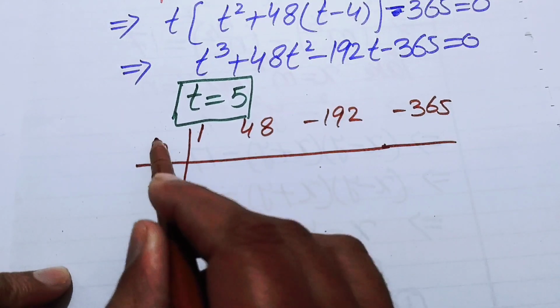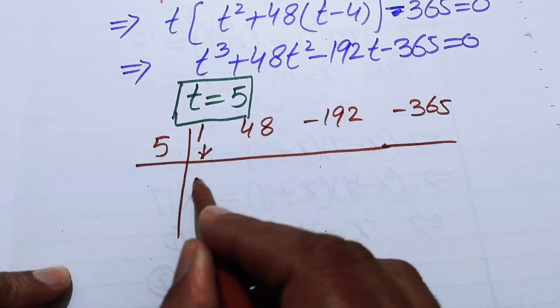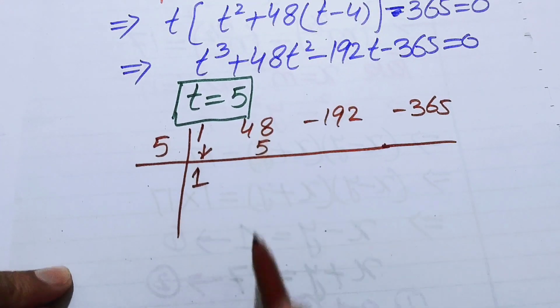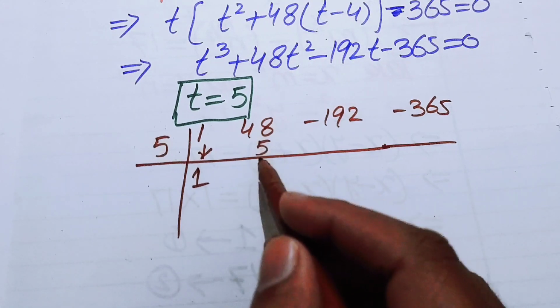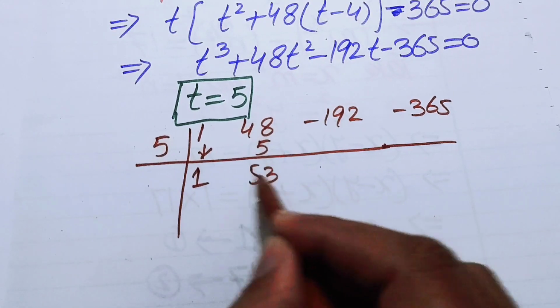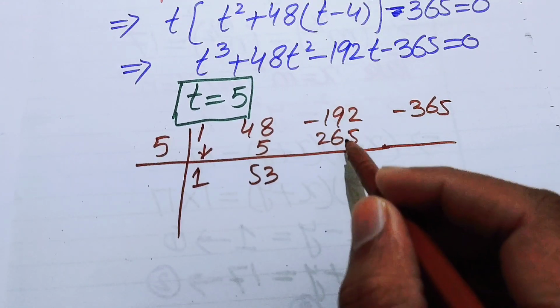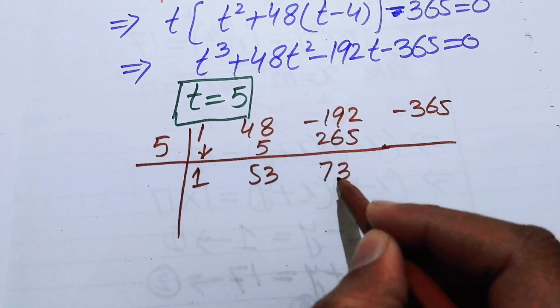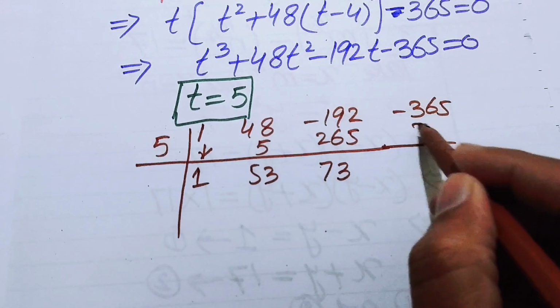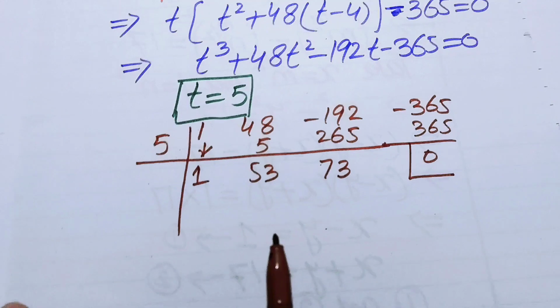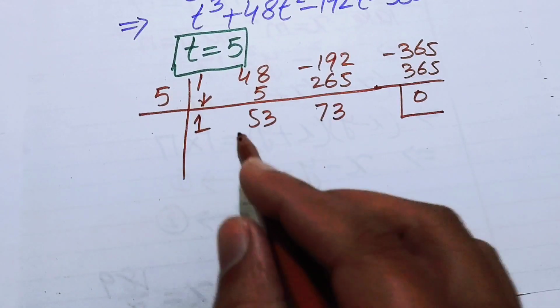So we divide by 5, and first you will get this value as it is. So this is 1, and 1 times 5 is 5, and 48 plus 5 equals 53, and 53 times 5 is 265, and when you subtract these two you get 73, and 73 times 5 equals 365. So its remainder will be 0. So now we can write the depressed equation.